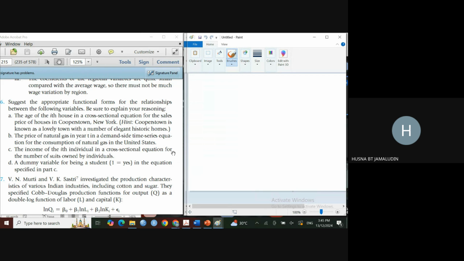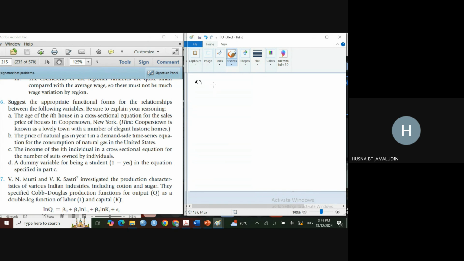Suggest the appropriate functional form for the relationship between the following variables, and you have to explain your reason. Okay, so you want me to write down the equation: the age of the house in a cross-sectional equation for the sales price of houses in Cooperstown.